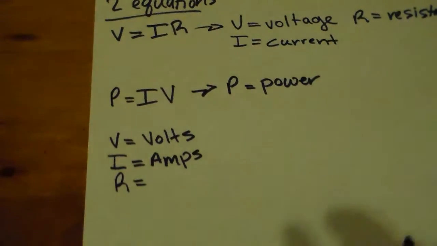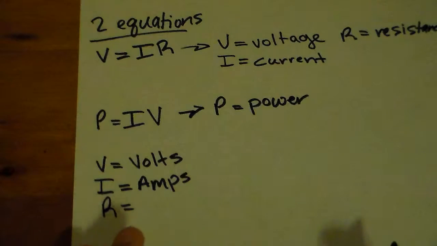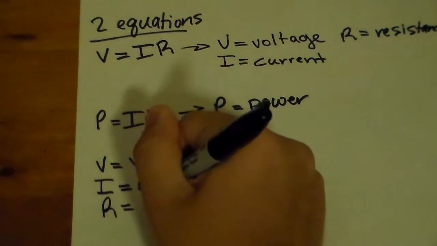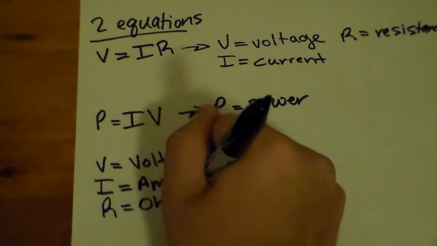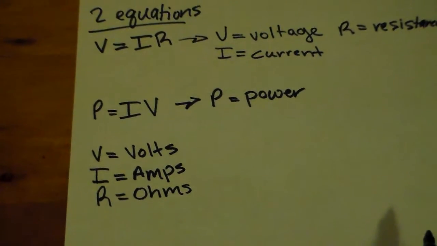Resistance is going to be, actually my bad. Yeah, no, I was right. They're gonna be ohms. I don't really know how to explain what ohms are. So, we need to know what they look like.